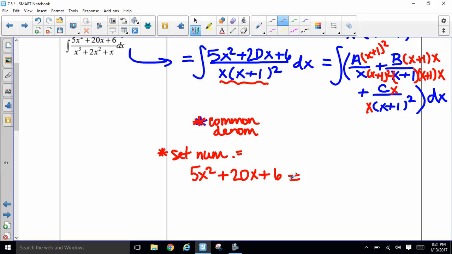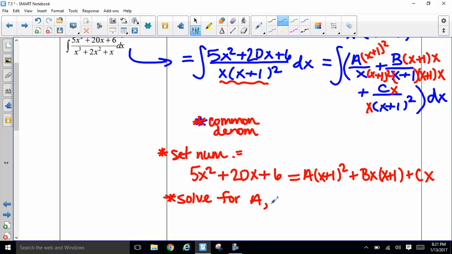I need to make sure that that numerator equals A times (x plus 1) quantity squared plus B times x times (x plus 1) plus C times x. Okay. We need to solve for A, B, and C.